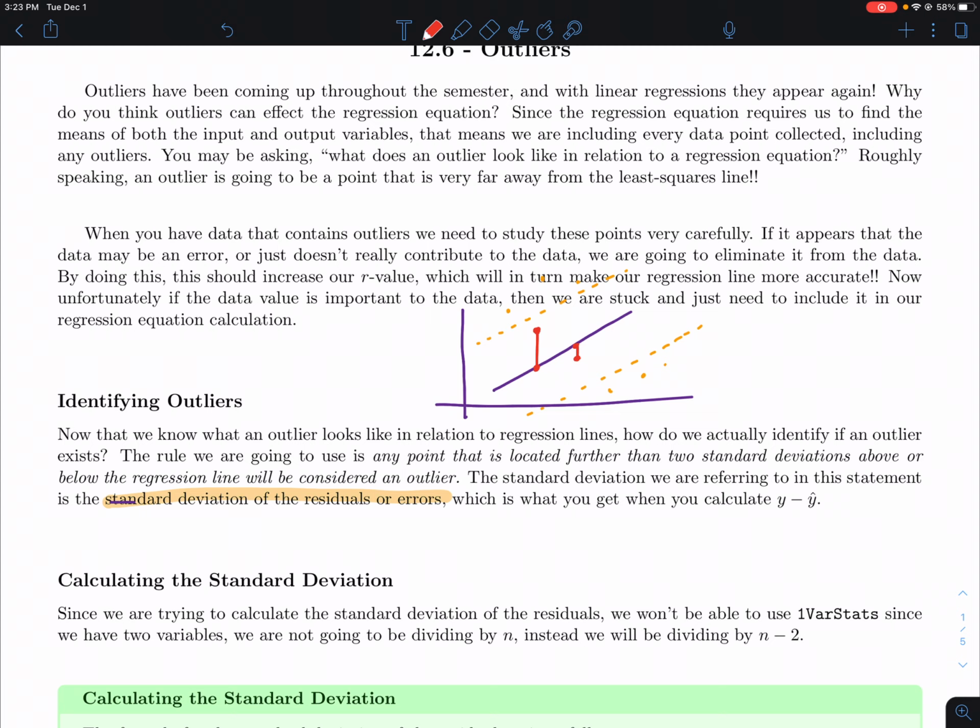So these y values are really what we're looking at. The point up here is the actual y. The point on the line itself is going to be the y hat. And what we're looking at are the differences, these y minus y hats. Same thing down here, we're looking at this y minus y hat. We're going to calculate all these residuals and find the standard deviation of them, so that we can figure out how long this line has to be.